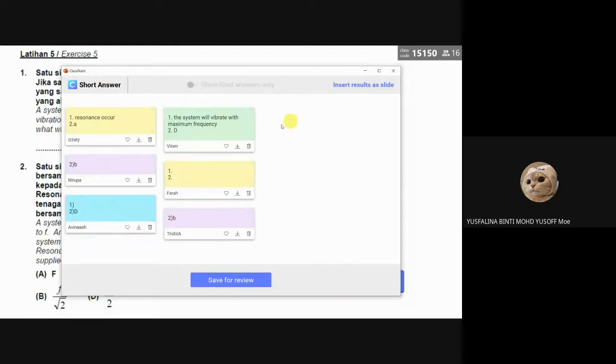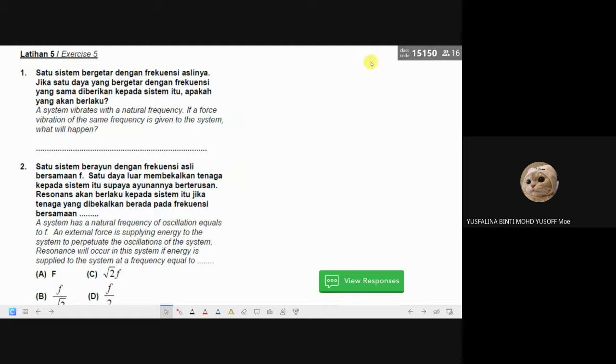So we see the first question. A system vibrates with natural frequency. If forced vibration of the same frequency is given to the system, what will happen? The answer is resonance. You give a force with the same frequency to the system, so the system vibrates with the maximum amplitude.